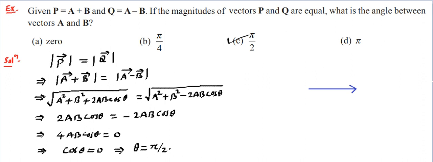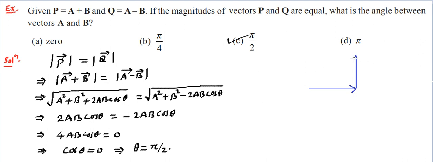Now you remember, if I place B in this manner, then addition will be this, and for subtraction it is going to be like this. So this addition will have more length as compared to the subtraction. To make them equal, we should place B something like this.